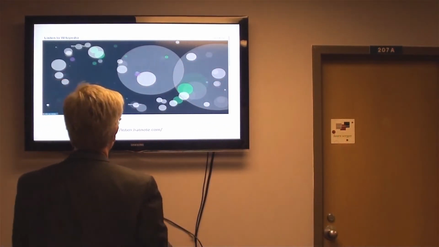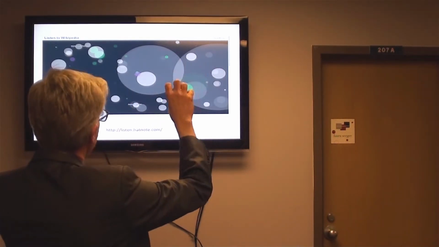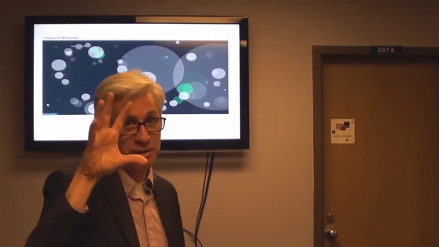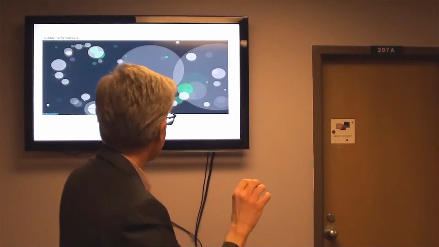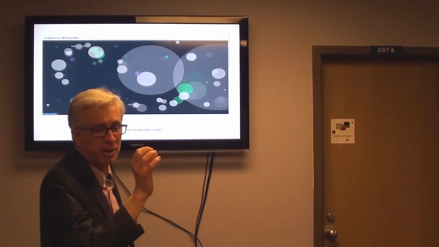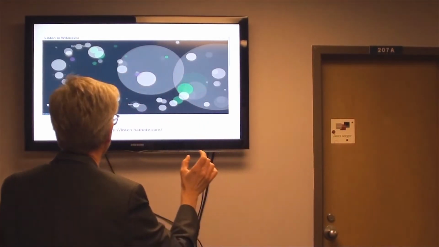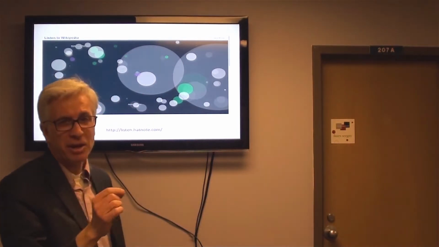I don't want you to play this now if you have a computer. I'm going to play it right here because it does make a noise. What you're going to be seeing here is that these circles represent edits to Wikipedia. A green one is being done by someone who's not an authorized user or doesn't have an account. The purple ones are done by automated bots, but there'll also be a sound attached to it.